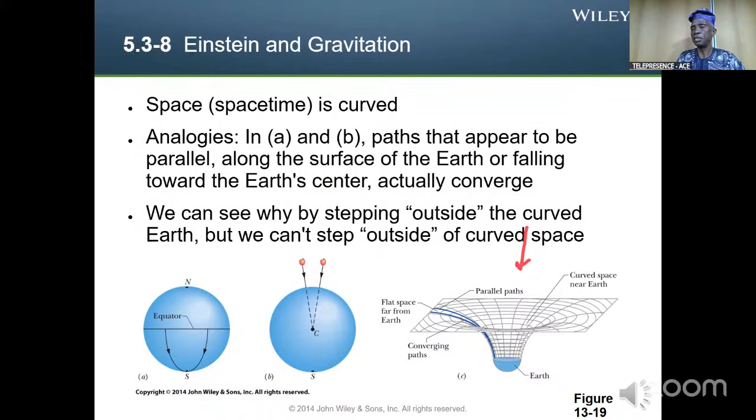It's like you have a trampoline, and you put a mass on it, a stone. It will cave in, just like you see in this picture. And if there's another mass nearby, it will just naturally be accelerated towards that. So Einstein's view is that this is what is responsible for gravitational force.